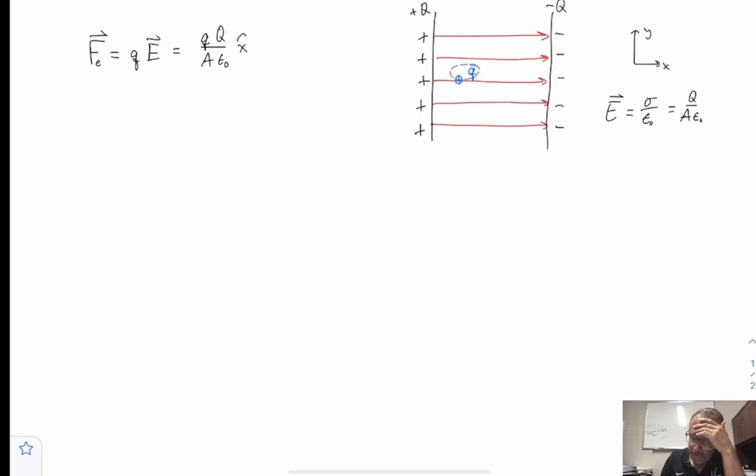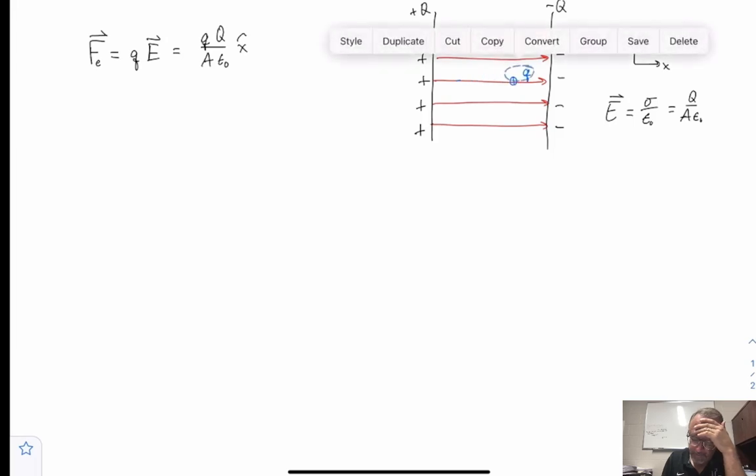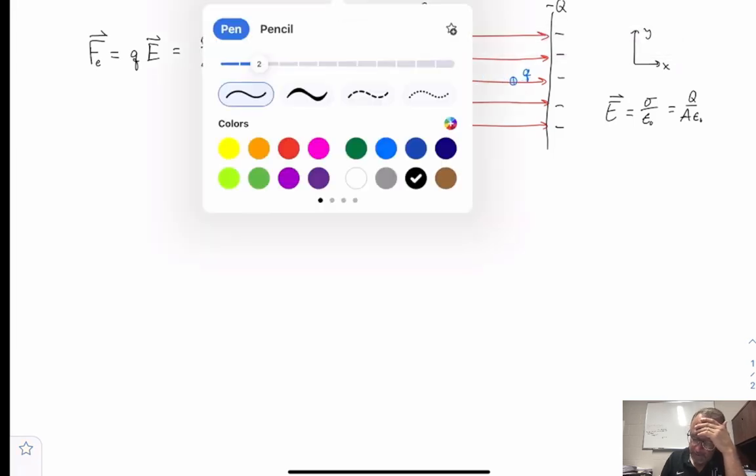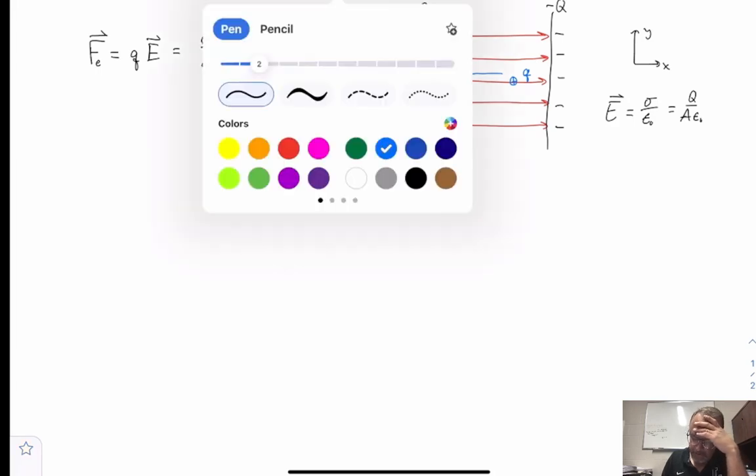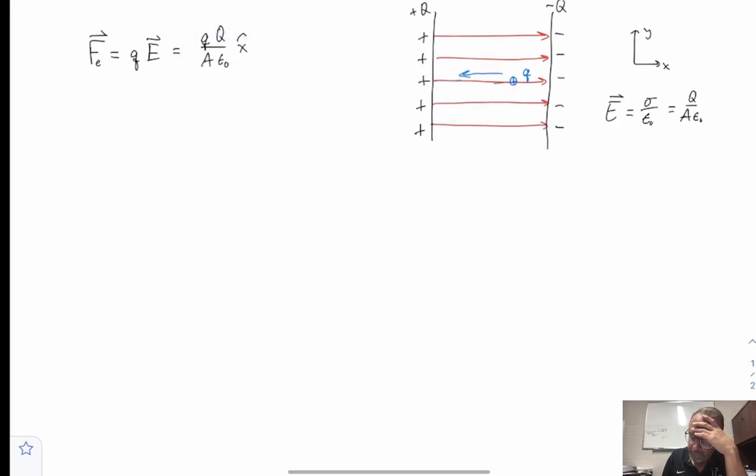So let's just say that we have this charge, let's say over here. Whoops, I missed the plus sign. Not a big deal. Okay, and we want to move this charge this way. Okay, so if we're going to do that, then what we have to do is apply force, F applied, that balances out the electric force that this charge is experiencing.